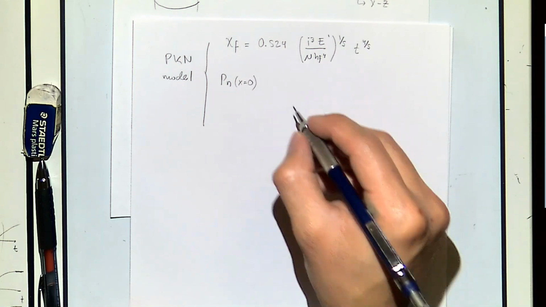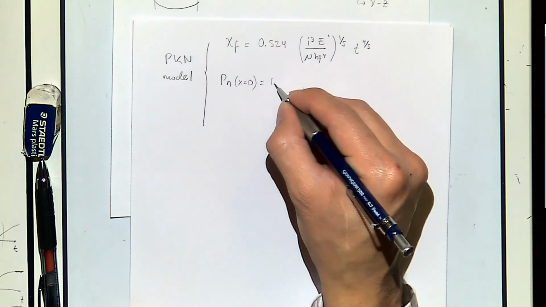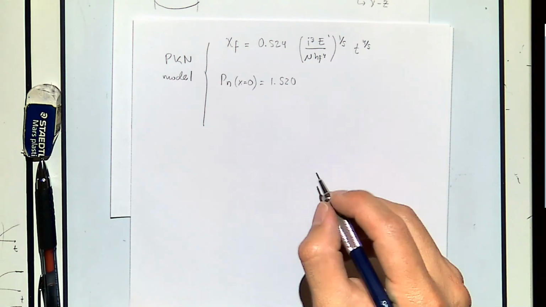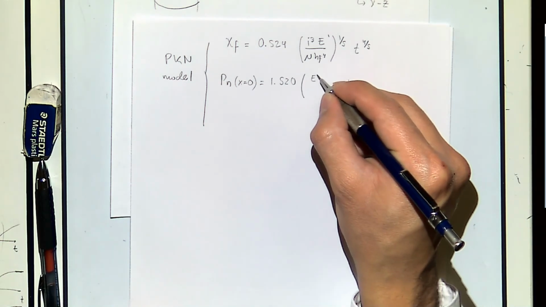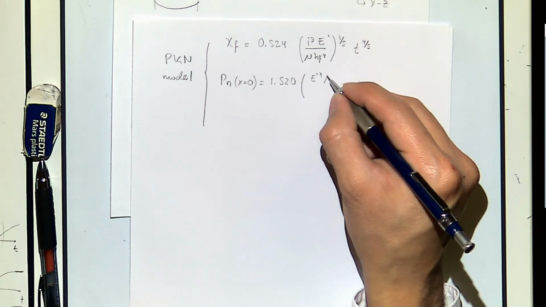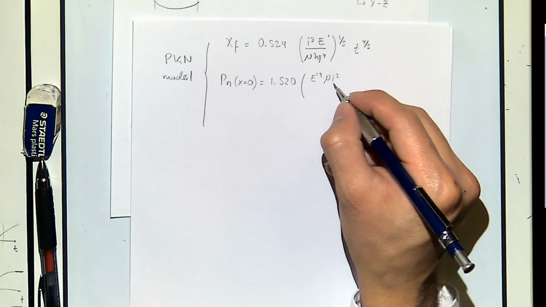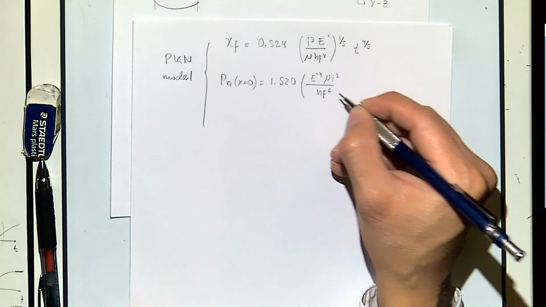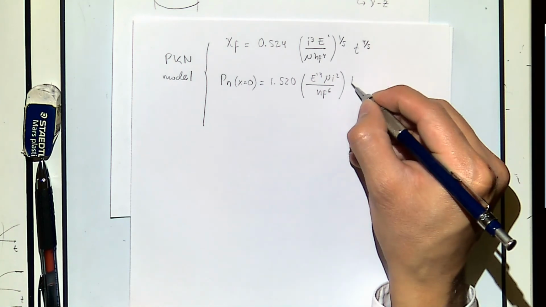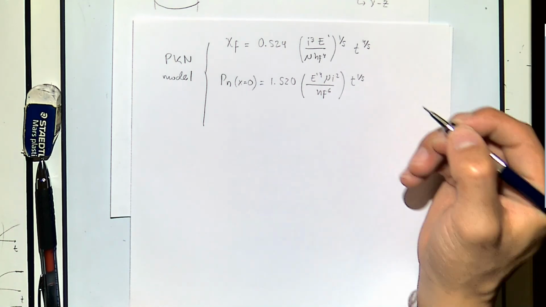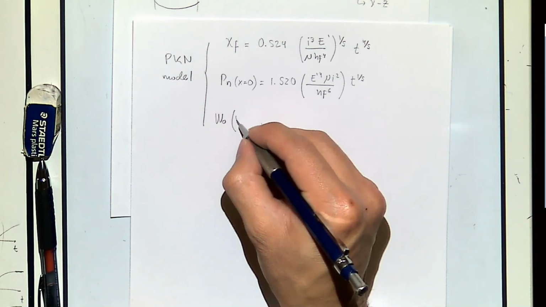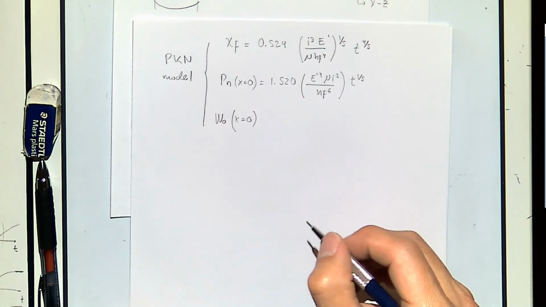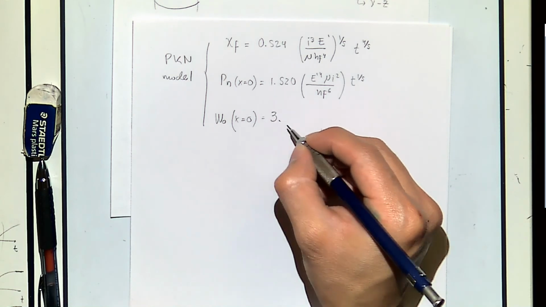So we have fracture half length as a function of time. Here we have net pressure at the wellbore as a function of all the variables plus time again. And last, the width at the wellbore as a function of time.